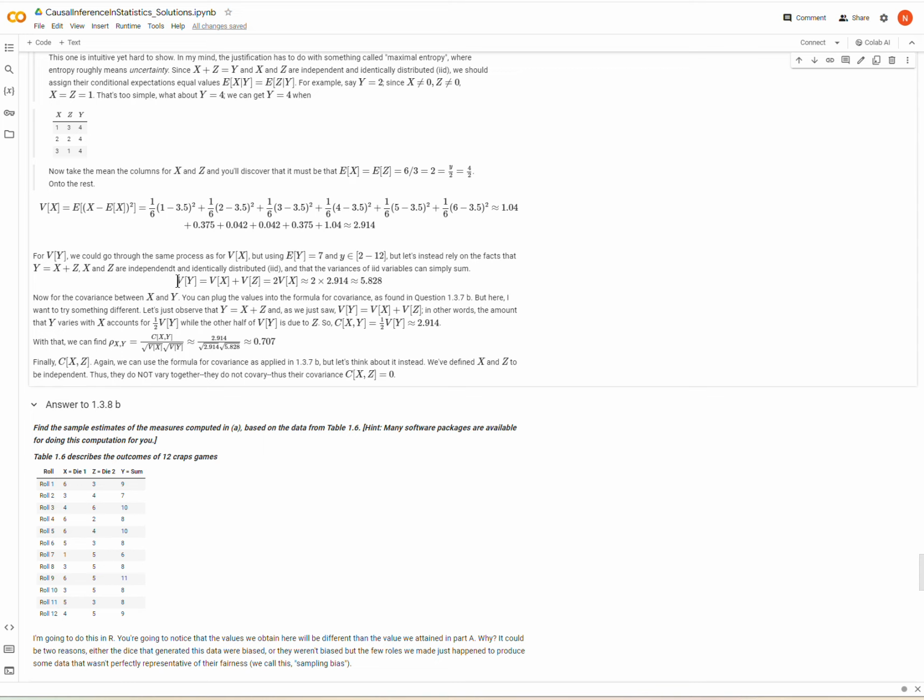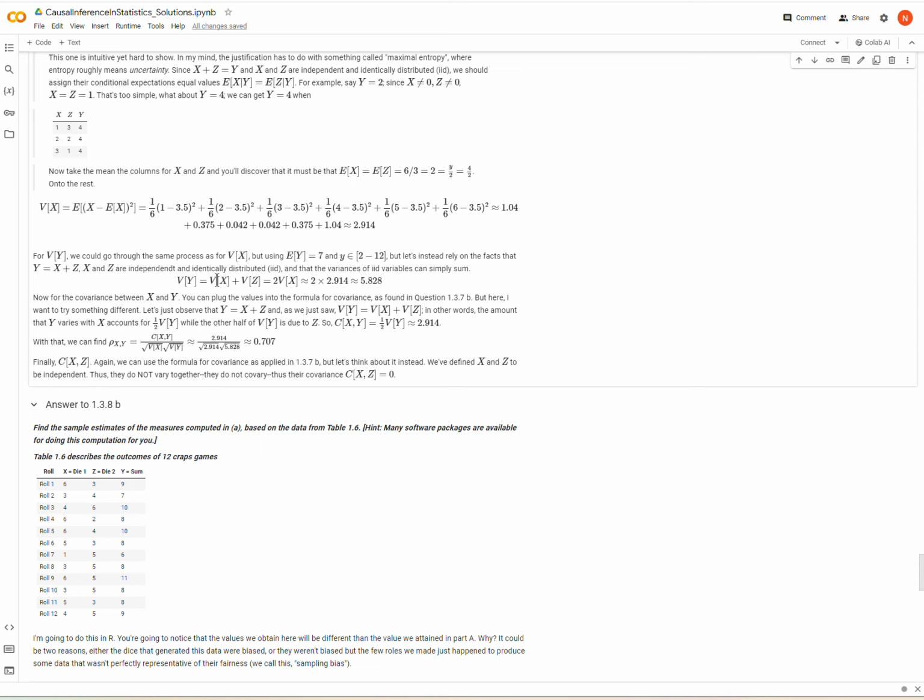Okay? So we know that the variance of y, well, we know that y is x plus z. And there is a property of variances that they sum linearly when the composite variables are independent, and that's what we have here, right? x and z are independent.